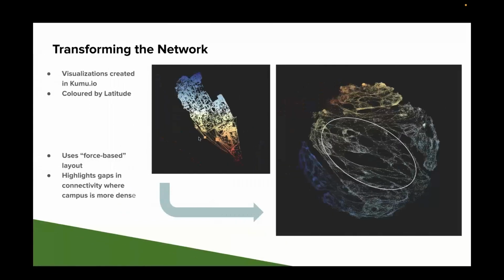Yeah, definitely. So this is actually a built-in function that Kumu has. It disconnects the green space from its specific location in space and allows it to move freely, and then it takes the forces that would act on it if every connection was like a rubber band and had tension, and allows it to transform into the shape that has the lowest tension across all of the different points.